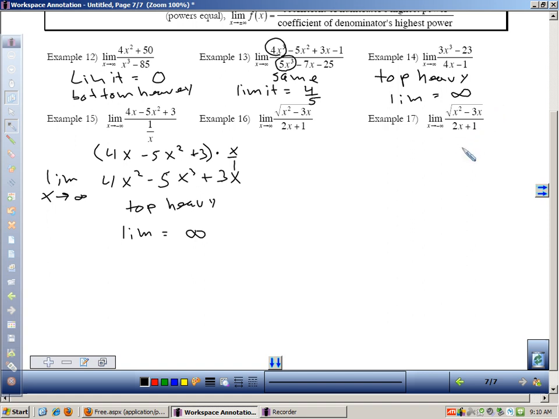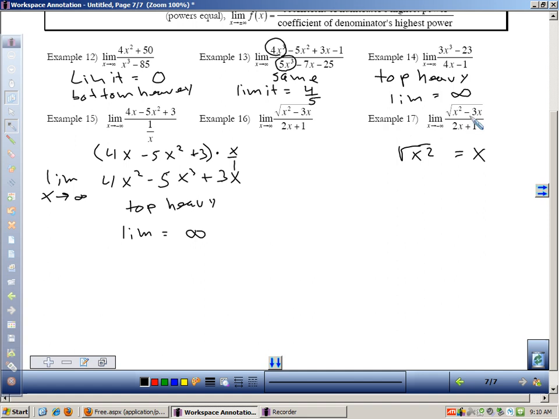So what's the square root of x squared? x. So we can think of the numerator as having the highest power of x being 1. So we can think of this as x over 2x being the highest powers. I'm just ignoring this minus 3x.